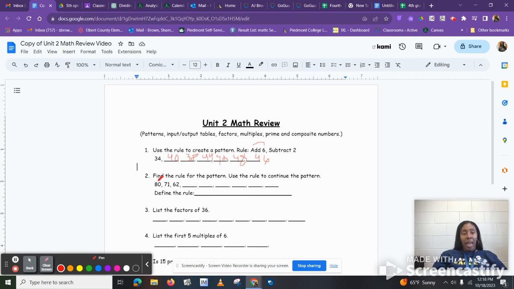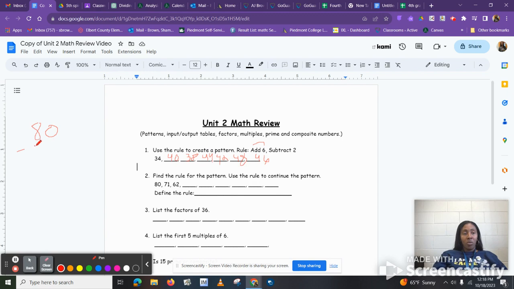To get from 80 to 71, it's going to have to be either subtraction or division because my numbers are going down, which means they're getting smaller. And I know there's not enough difference between these two numbers for division. So it's going to have to be subtraction. So I need to see what I need to subtract from 80 to get 71, and that'll tell me what my rule is.